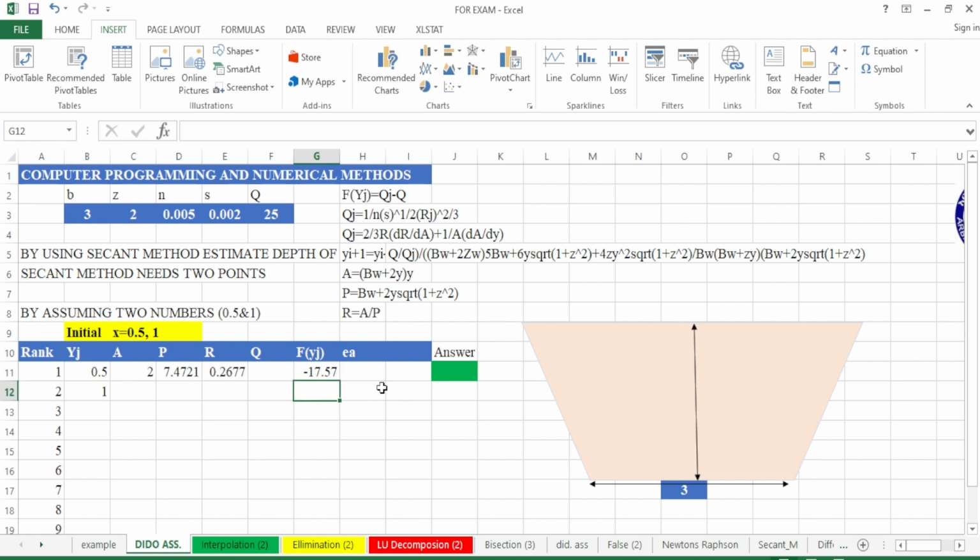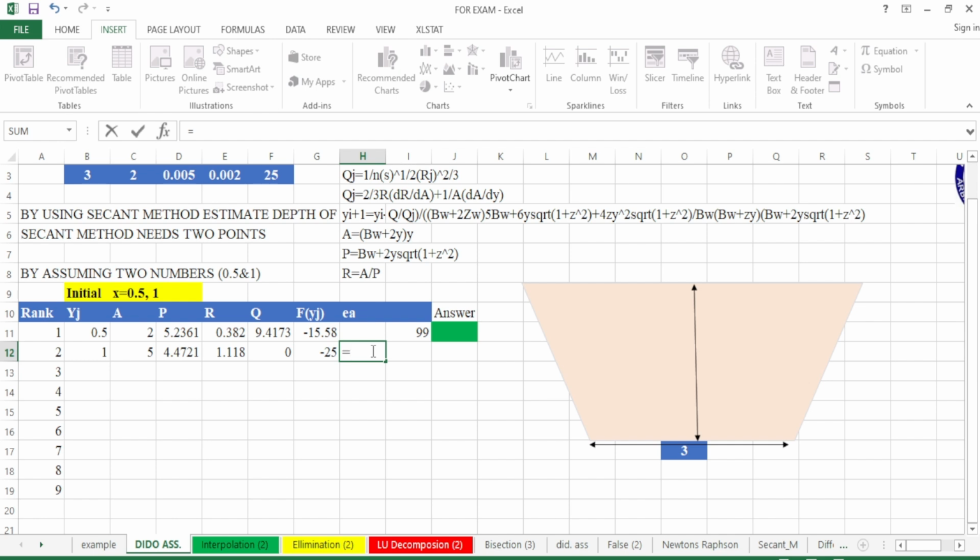So it is this much. Also, we have to estimate the absolute error here. Absolute error is equal to this one minus the second depth minus the first depth divided by this one.